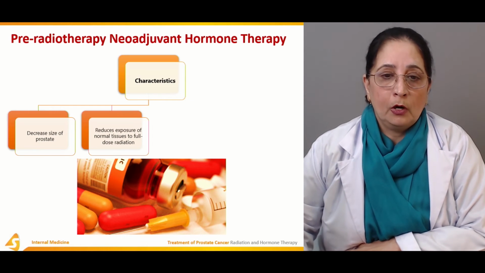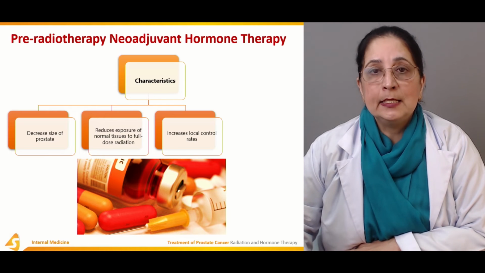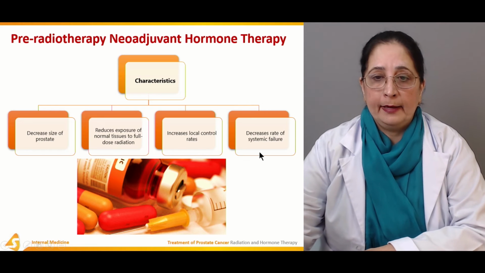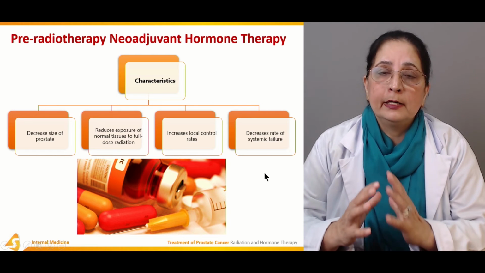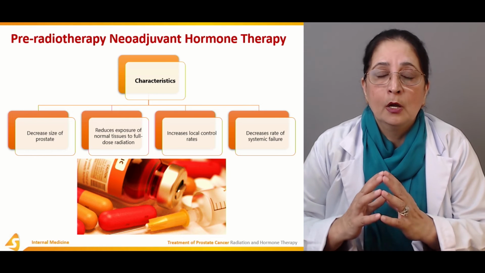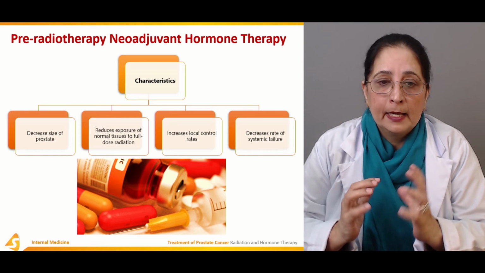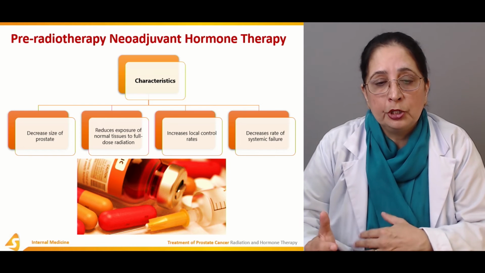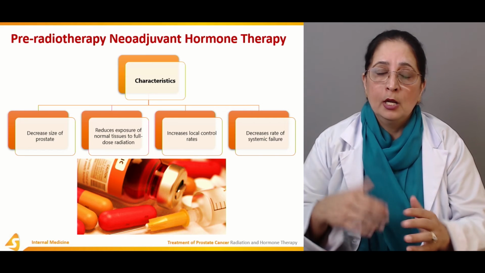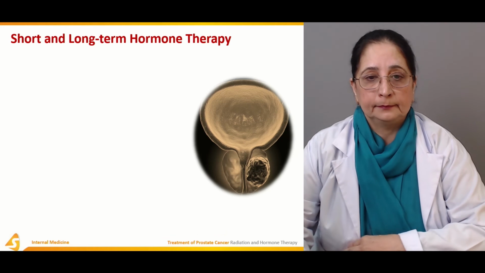It reduces exposure of normal tissue to full dose radiation, increases the control rate and decreases the rate of systemic failure. So these are very important characteristics of pre-radiation neoadjuvant hormone therapy, and all these are its benefits.